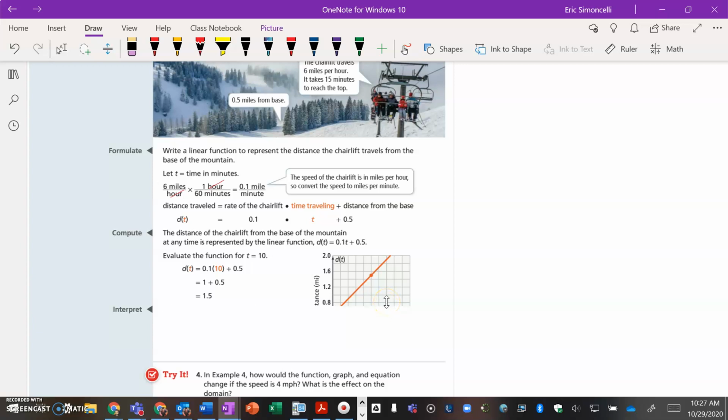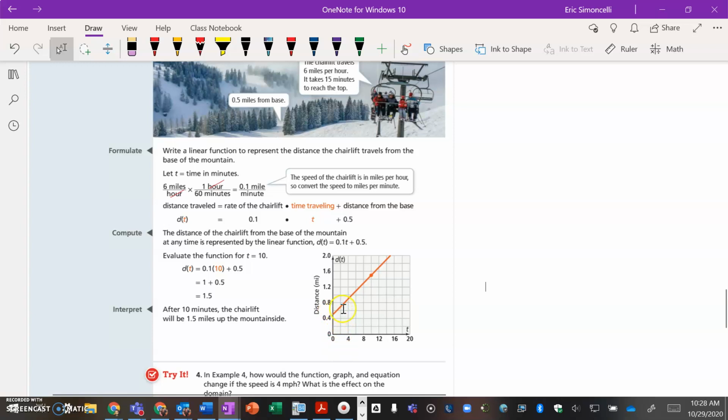So let's look at the graph for a moment. I'm going to do an interpretation as well. In the graph you can see the y-intercept is 0.5, the slope is 0.1. So if you start at 0.5 and go up 0.1, right 1, actually these are going up by 2, so up 0.1, right 1 would be here, and so on.